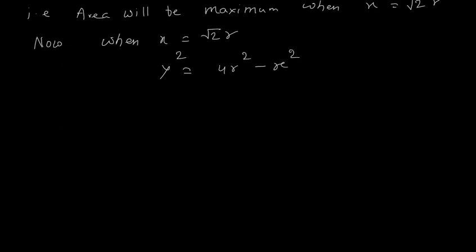This gives me 4r square minus root 2 r the whole square is 2r square. This gives me 2r square. So this is the value of y square. Therefore value of y is root 2 r.